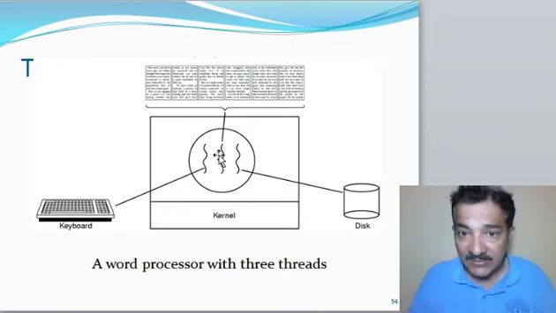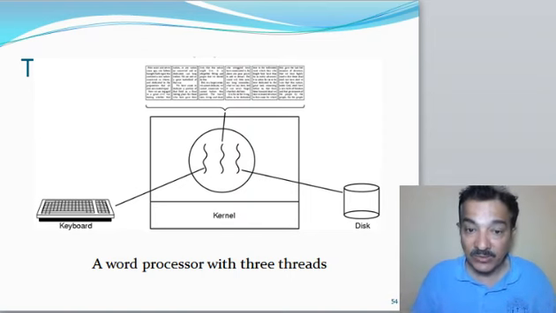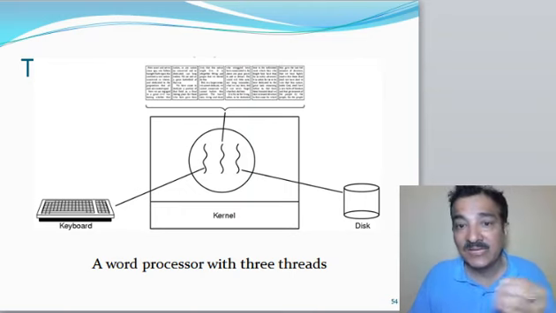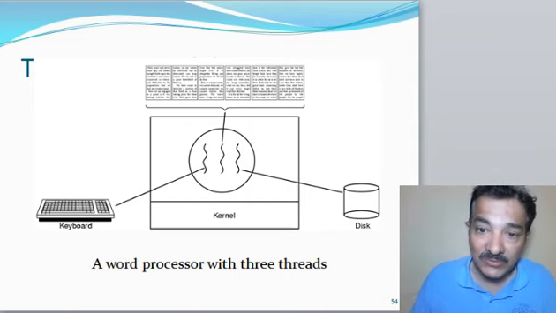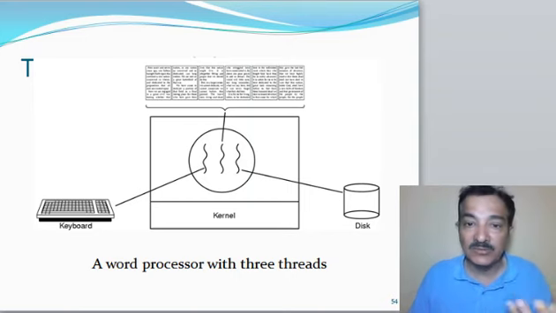There can be another thread running for the display of the word processor file itself, and there could be a third thread running which will save this information to the disk. So like this you can segregate the work based on the different tasks.